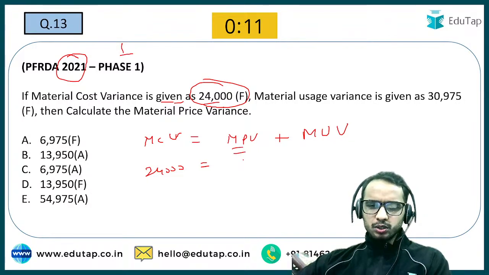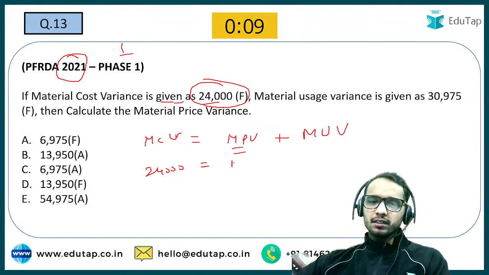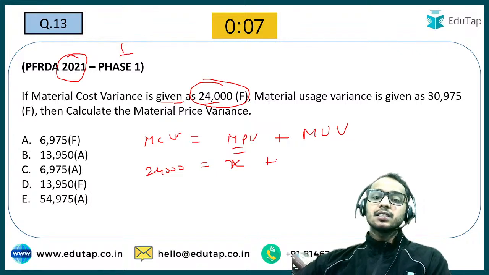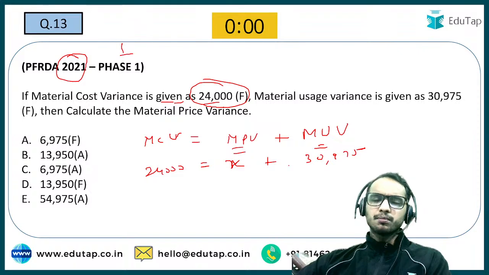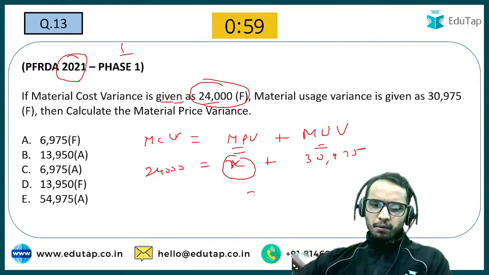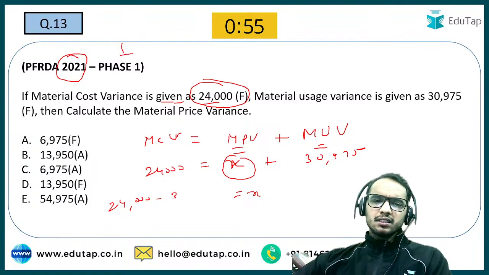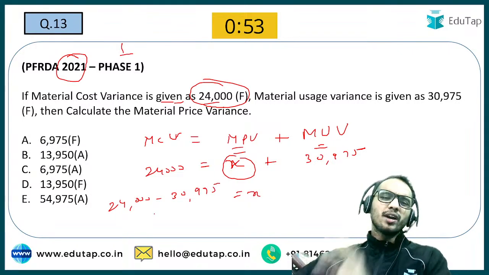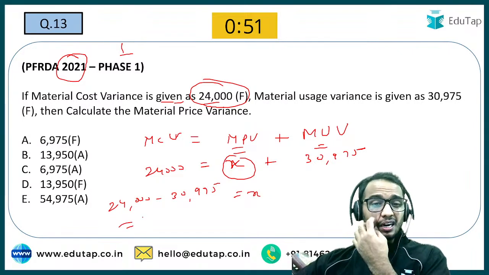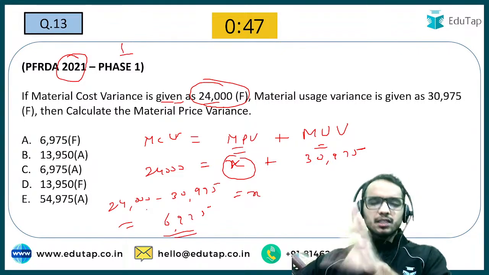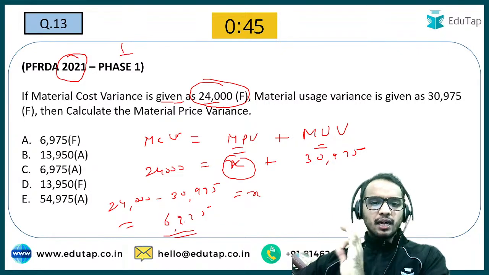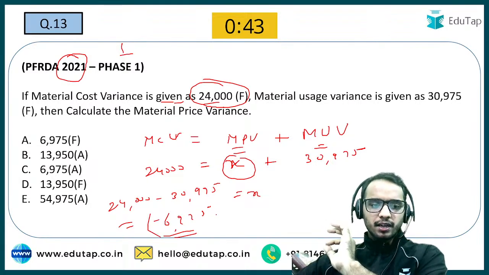Material price variance you have to calculate, you can take it as X. Material usage variance 30,975 favorable, so you can take it as a plus amount. So X will be 24,000 minus 30,975. You can do the calculation on your own, but it will be 6,975. I have done this mentally, easy. It is 6,975 unfavorable, because we are getting it in the minus sign.